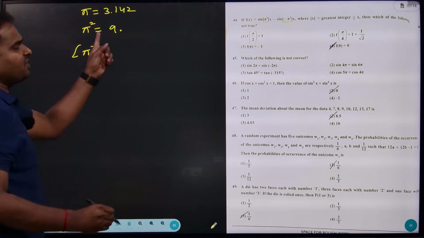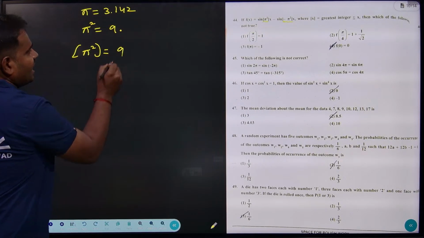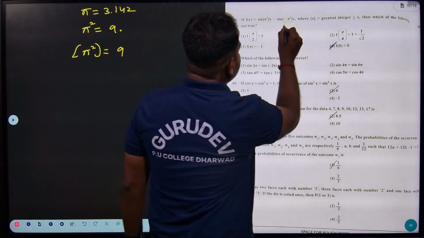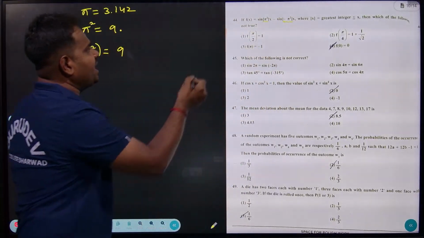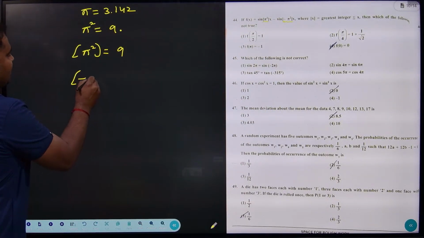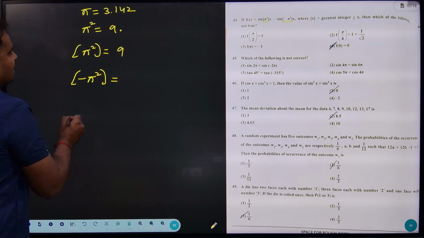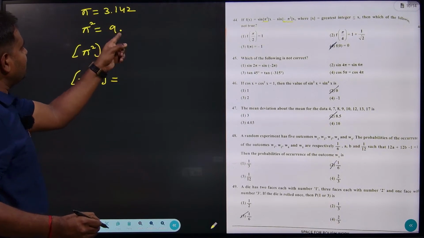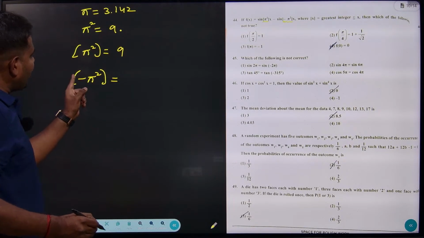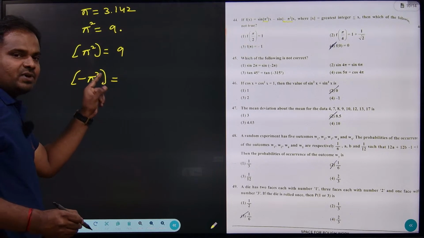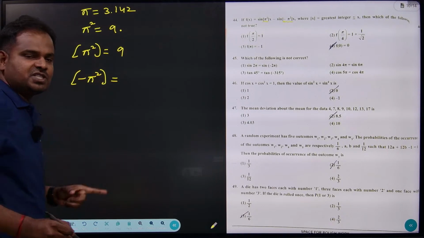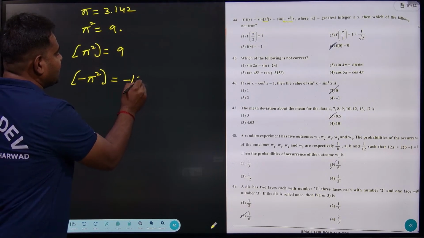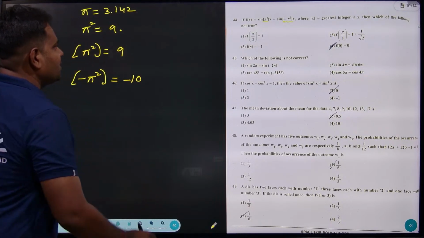The greatest integer of 9 point something is 9. And the greatest integer of minus pi square: pi square value is 9 point something, so minus 9 point something. What is the greatest integer of minus 9 point something, students? It is minus 10. So substitute here. What are you getting here?